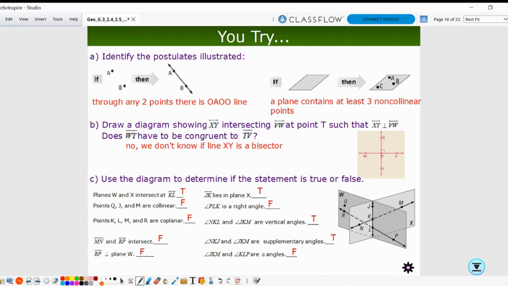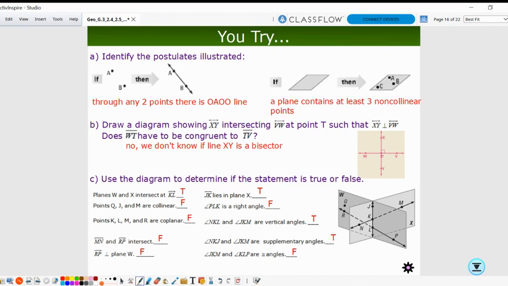M is not on the same plane as point Q. Points K, L, M, and R are coplanar. R is not on the same plane as the rest, so that's false. Line MN and RP intersect. We don't know that they do, so we have to say false there.